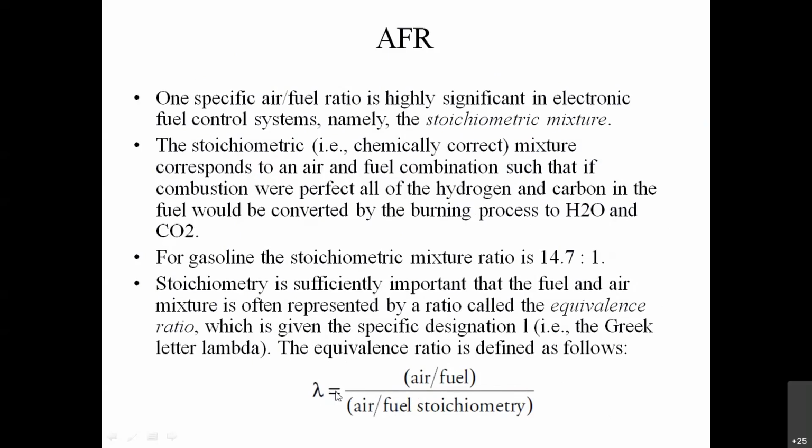If lambda is greater than 1, that is representing your lean mixture. And if lambda is less than 1, it is representing your rich mixture. So sometimes the same air fuel mixture can also be represented in terms of lambda, which is representing the same thing. Lambda equals 1 is representing your stoichiometry condition for the air fuel mixture.